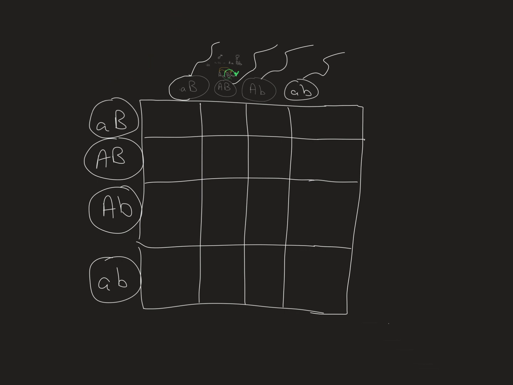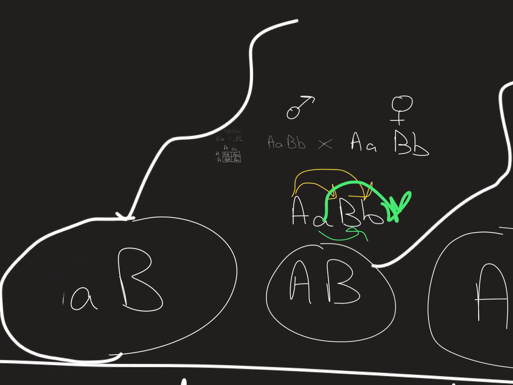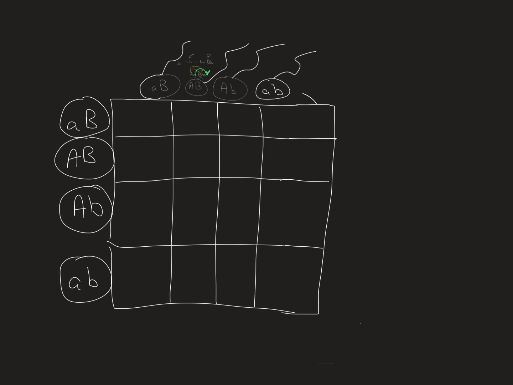Let's go back and look at mom and dad again. Mom had one big A and one little a, and dad had one big A, one little a, one big B, little b each. Now you're giving one of each of these randomly, so we have to figure out what the random possible distribution is, which is why you do a Punnett square.